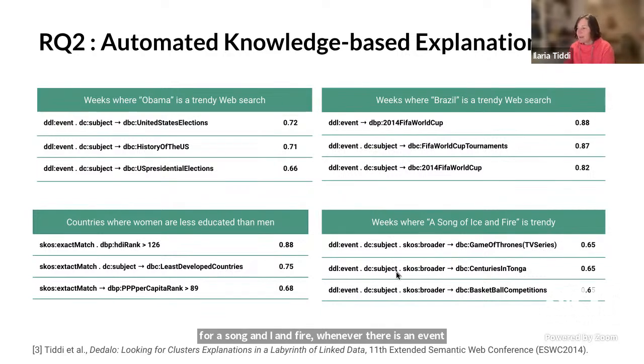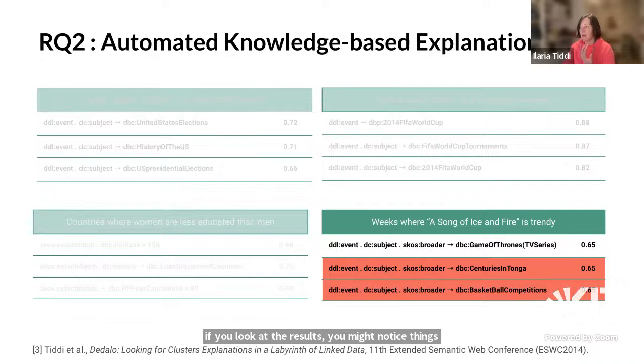So we consider these as explanations, but of course, if you look at the results, you might notice things that are not quite right. And in particular, you look at these kinds of examples.